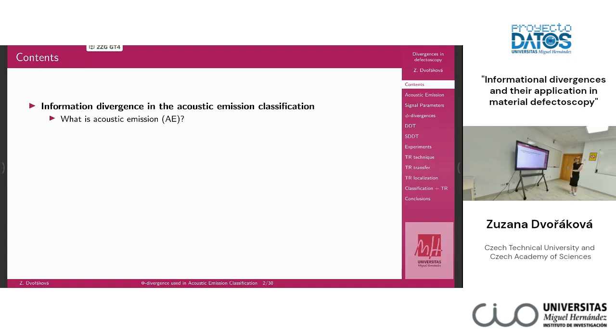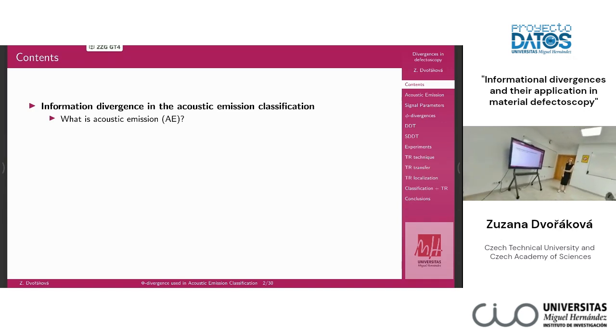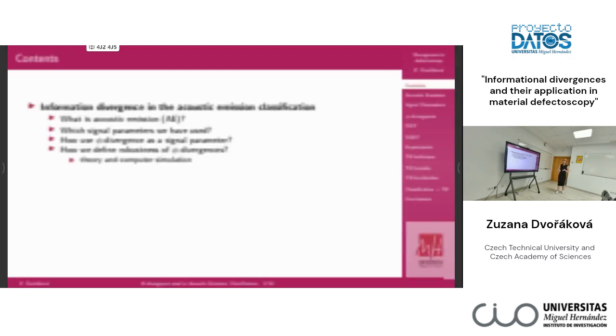Okay, so what will I talk about. Firstly, I will talk about how to use information divergence in acoustic emission classification. First, I will explain what acoustic emission is, which signal parameters we have used for classification of acoustic emission, and how we use phi divergence as a signal parameter.